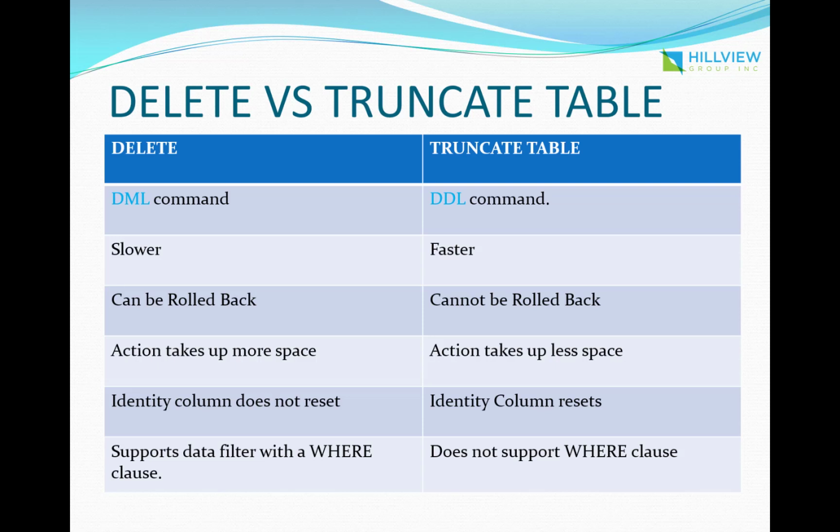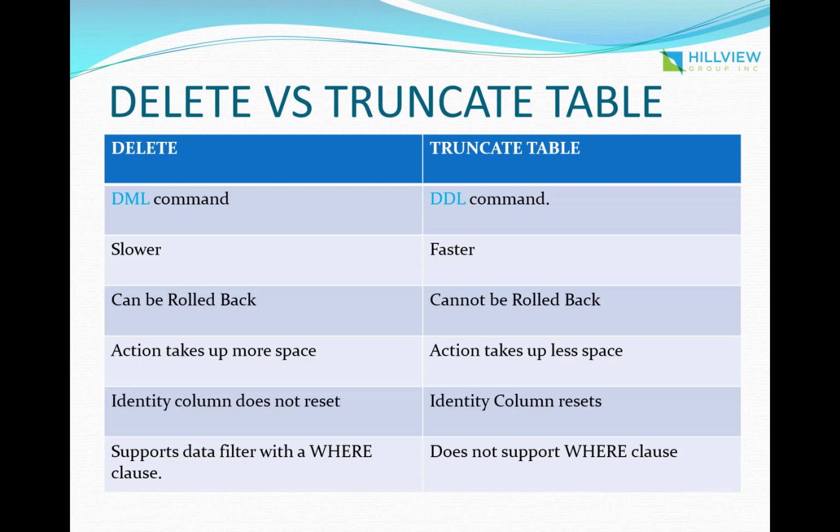Delete is slower than truncate table because delete operation is fully logged, meaning that each deleted row is logged in the transaction log, while for truncate table, only page deallocation is logged, each row removed is not. As a result of logging each row in the transaction log, delete actions can be rolled back, while truncate table actions cannot be rolled back.